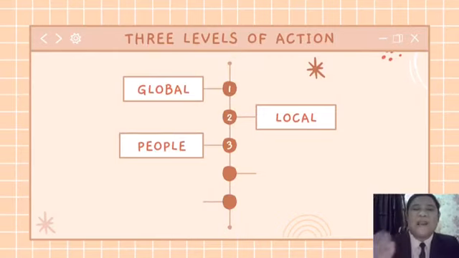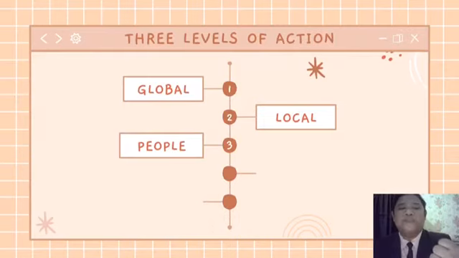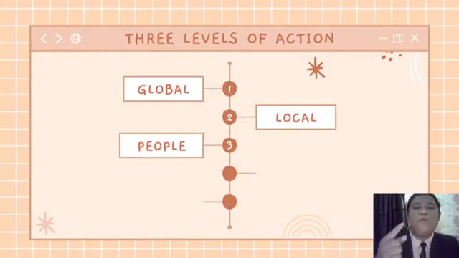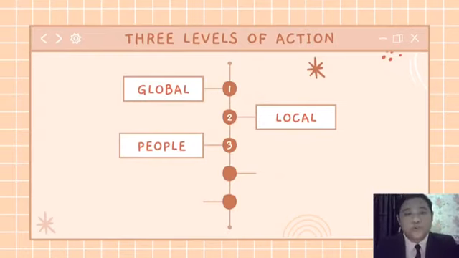The 3 levels are global action, local action, and people action. Global action aims to secure greater leadership, more resources, and smarter solutions for the SDGs, while local action embeds the needed transitions in policies, budgets, institutions, and regulatory frameworks of governments, cities, and local authorities.